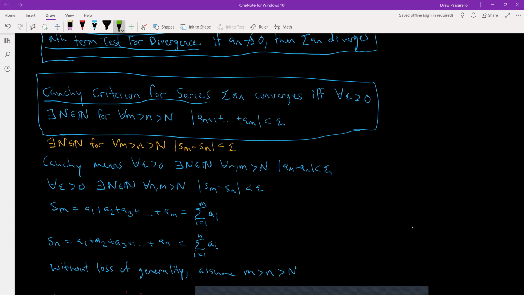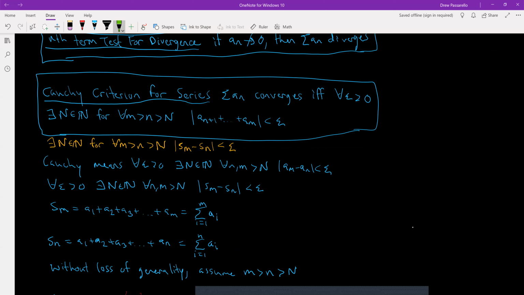The reason we have m greater than n greater than capital N is that we want to do this without loss of generality. Further, we know that Cauchy for a sequence just means for all epsilon there exists a capital N such that for all little n and m bigger than capital N, we have the absolute value of the difference am minus an less than epsilon. So that's what it means for a sequence to be Cauchy.